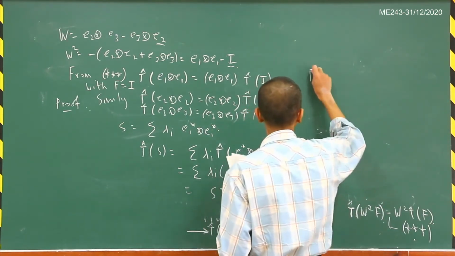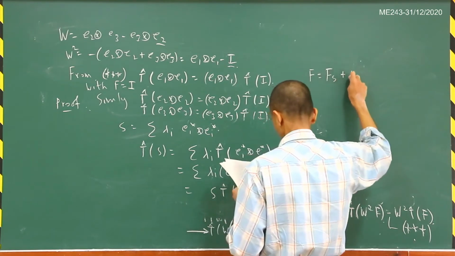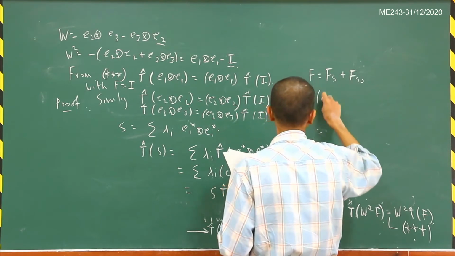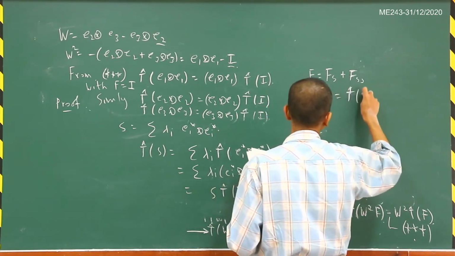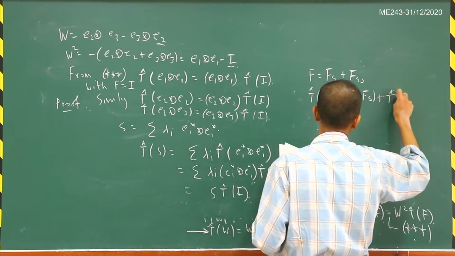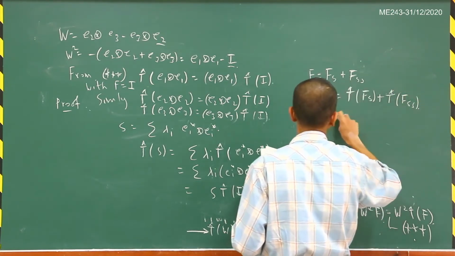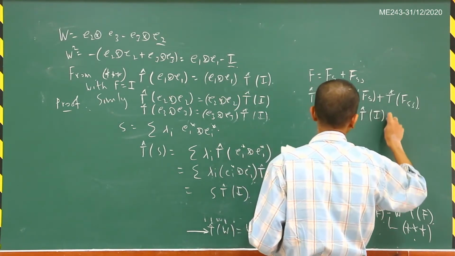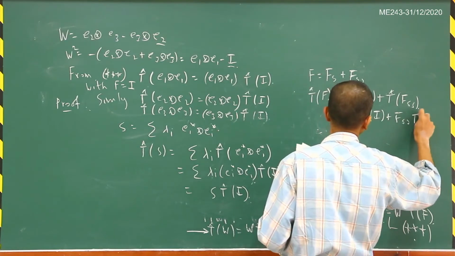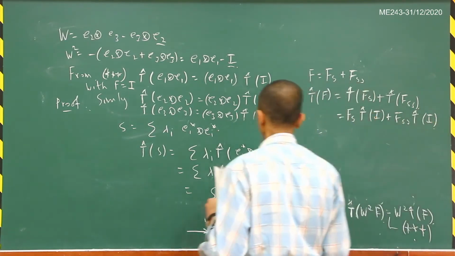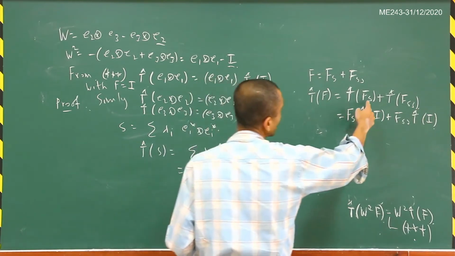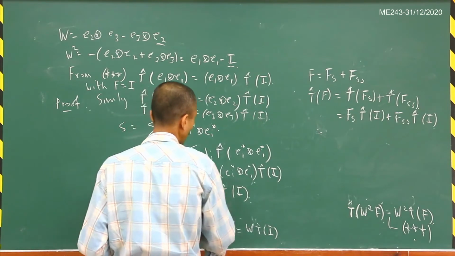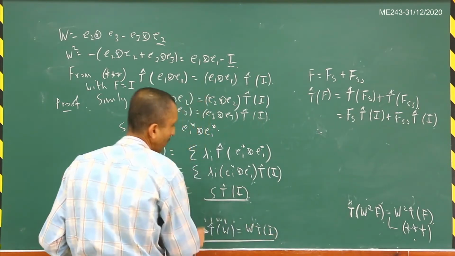So now F is equal to F_s plus F_ss, and then you get that T hat of F is equal to T hat of F_s plus T hat of F_ss, and this is equal to F_s times T hat of I plus F_ss times T hat of I, because the first part is the symmetric part of F and this is the anti-symmetric part of F. The symmetric part comes from this, and the anti-symmetric part comes from this one here.